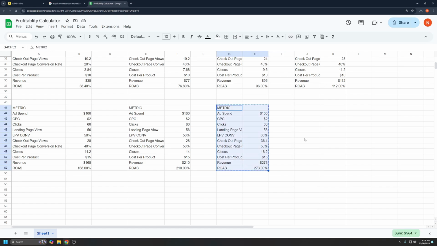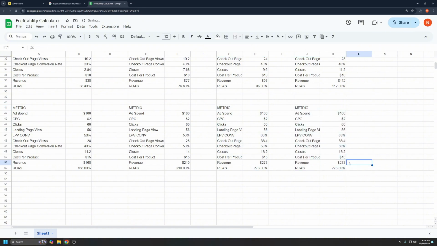And then all of a sudden, let's say you bring them into an LTV sequence after the cost per product. So instead of a cost per product being this, you'll probably bring some closes and the percentage of closes that take the upsell from inside of there too. Let's say like 50% of people take that inside of there. So 50% of these, how much is that?